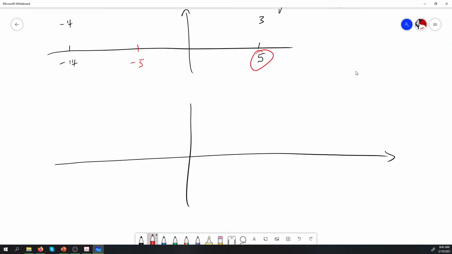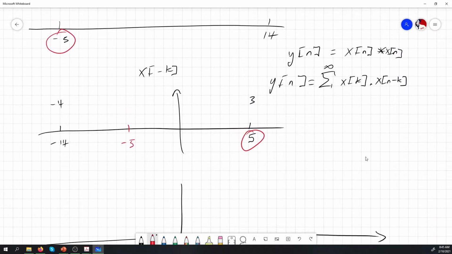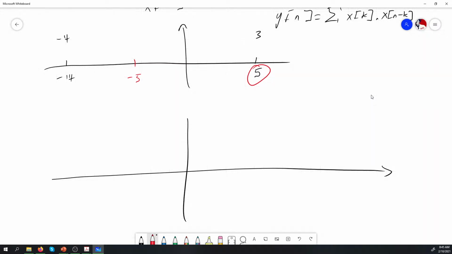So this comes like we take our, let's see, our x of minus k signal here. From here to here is x of minus k, because this is going to be our sliding signal for our convolution.